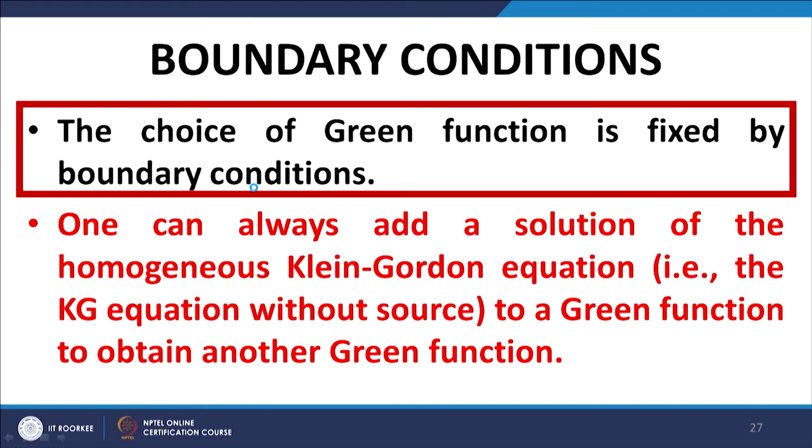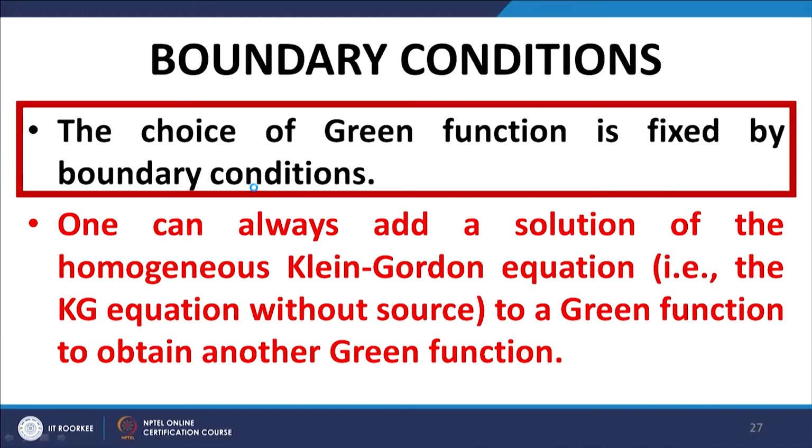The choice of the green function will be determined by the exact boundary conditions of the problem. We can always add green functions of the homogeneous equation to arrive at more green functions, and therefore, the green functions in that sense are not unique, and the uniqueness of the green function will only follow from implementing a certain set of boundary conditions.